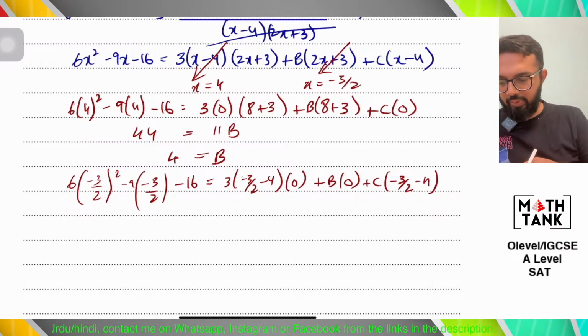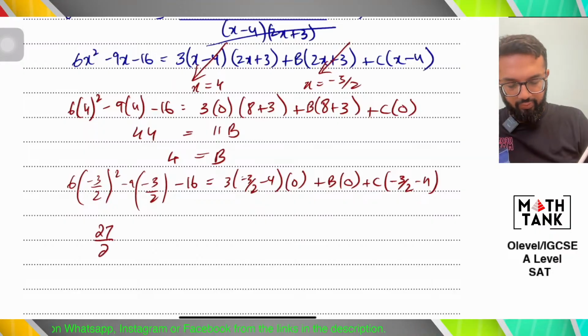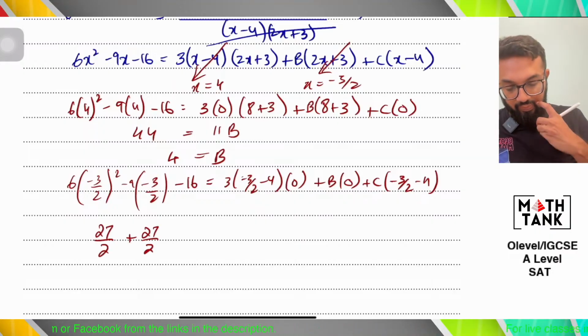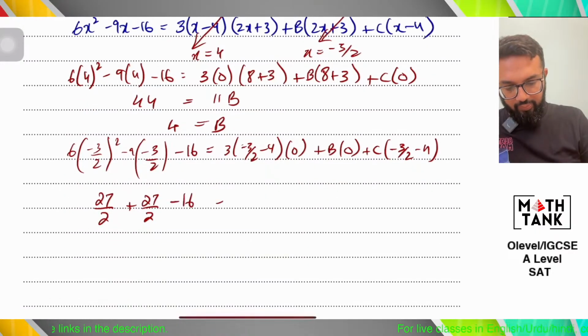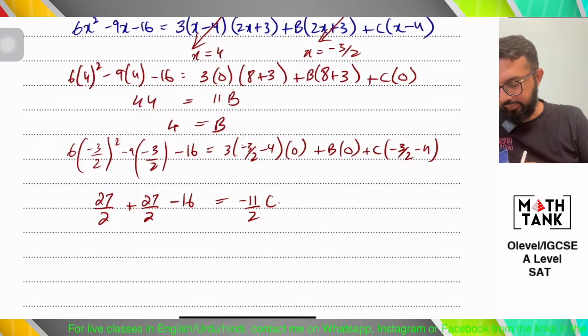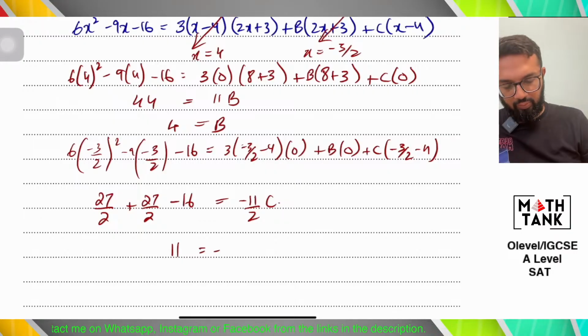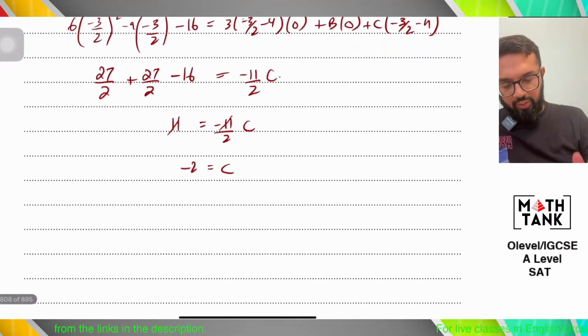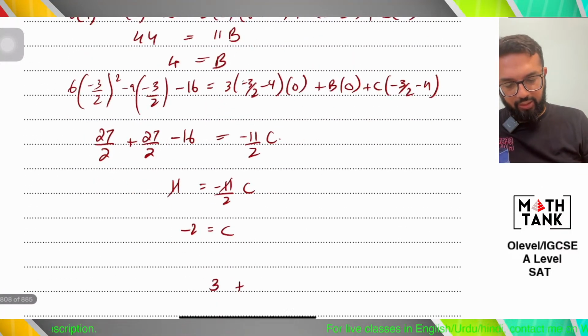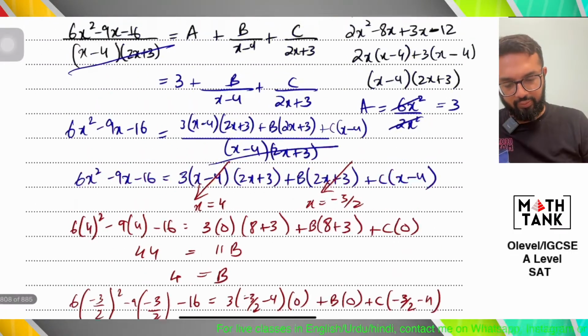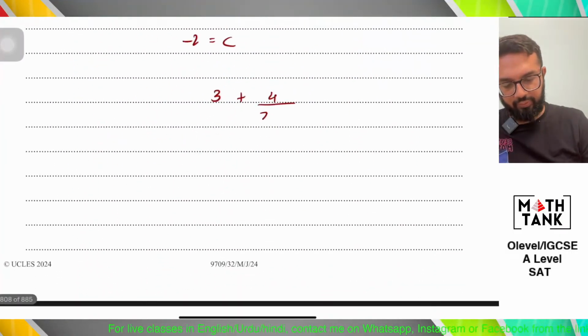X into 9 divided by 4. Okay, so my partial fractions are 3 plus 4 over x minus 4 minus 2 over 2x plus 3.